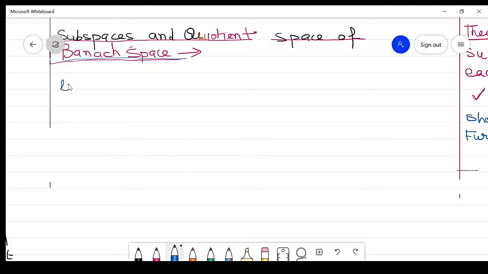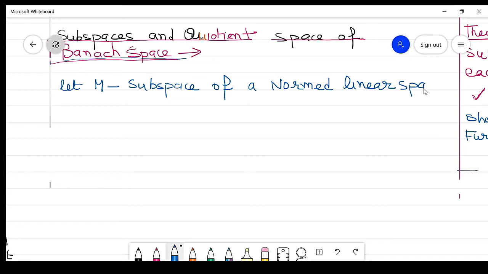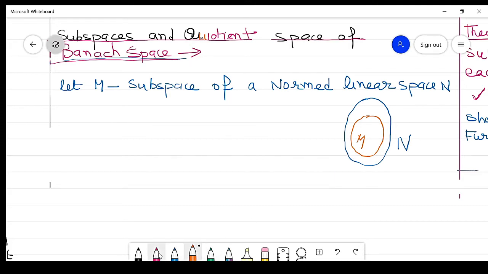Suppose M is a subspace of a normed linear space N. Here the given part is, if N is a normed linear space and M is a subspace of this N, we can define a coset, which we are already aware of from linear algebra, consisting of x plus m such that m belongs to capital M.